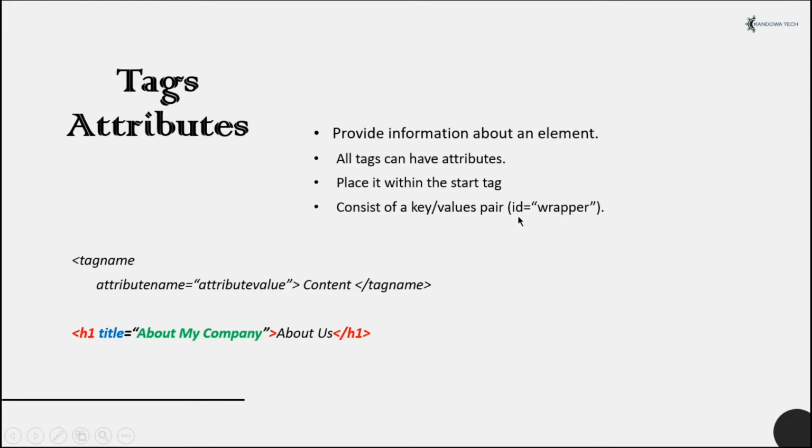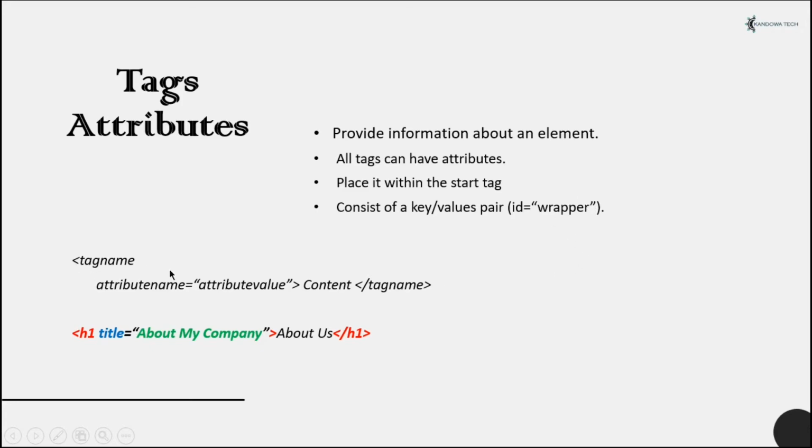So let me say, if you want to add an attribute to a div, you want to give it an ID of wrapper. So ID is the key, and wrapper is the value, and the value should always be written between quotation marks.